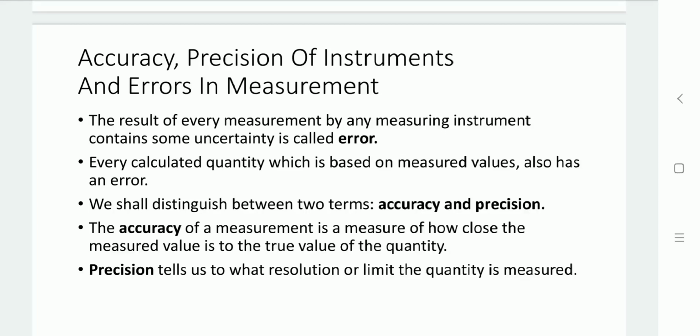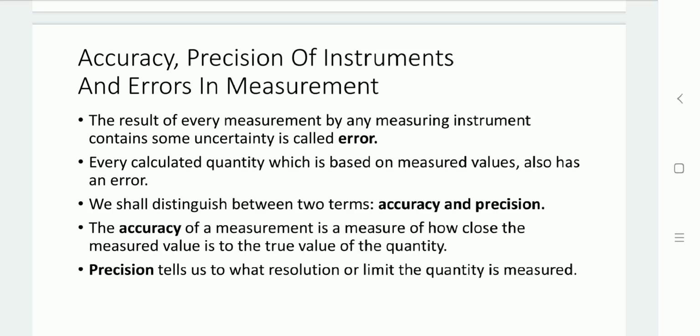For example, suppose the calculated value is 3.678 centimeter. Now, while we measure this value practically by some experiment, if we take its resolution up to one digit after the decimal point, that is, minimum resolution of 0.1 centimeter, then we are able to measure this value as, for example, 3.5 centimeter.